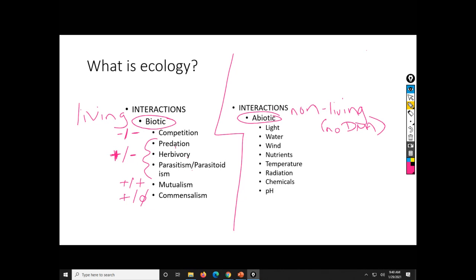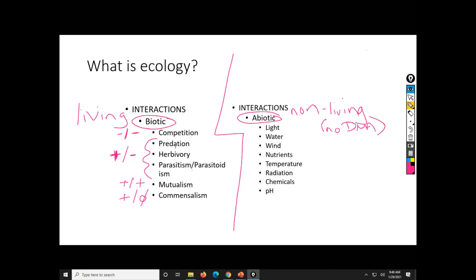So what I have listed here on the right-hand side is certainly not a complete list. It's just a good set of examples of things in the environment that we could consider abiotic, right? Some things that interact with or affect our organisms that were never living.